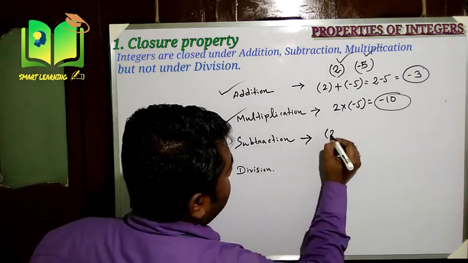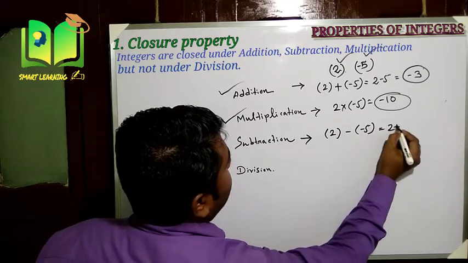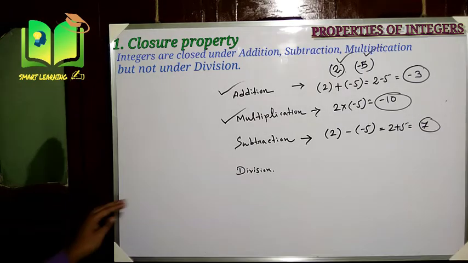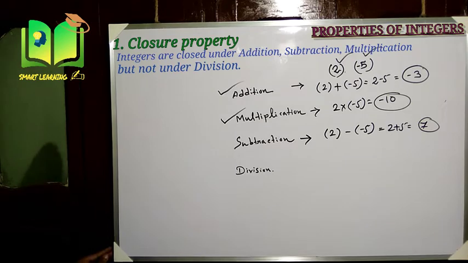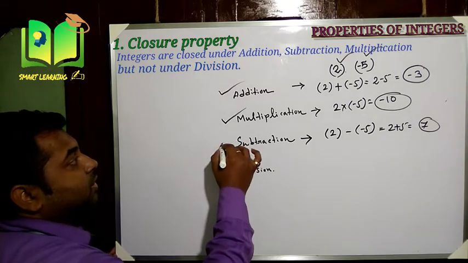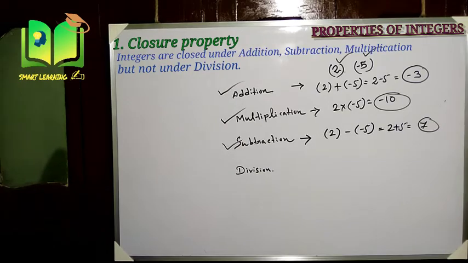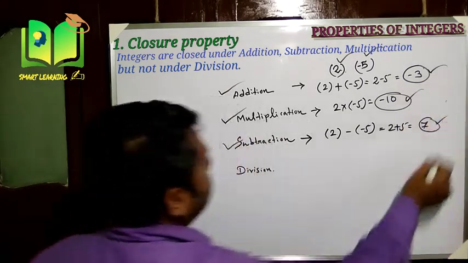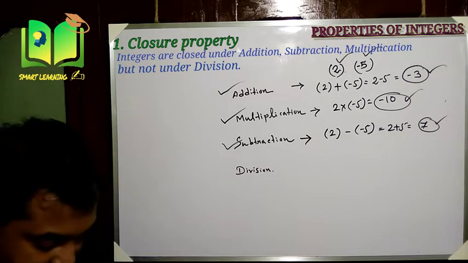Subtract 2 minus of minus 5 equals 2 plus 5 equals 7. 7 is also an integer. So in the case of subtraction, closure property also follows. So closure property says that for addition, multiplication and subtraction, the answer is always in the form of an integer. See, minus 3, minus 10, 7, all of them are integers.